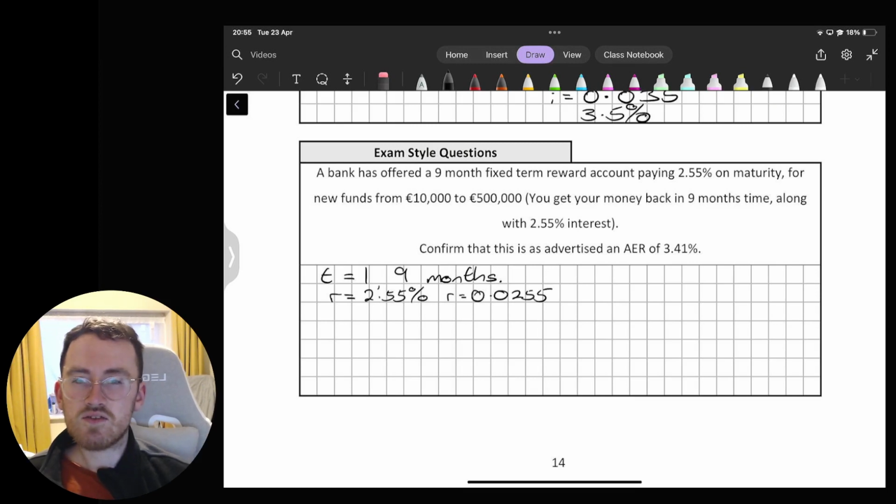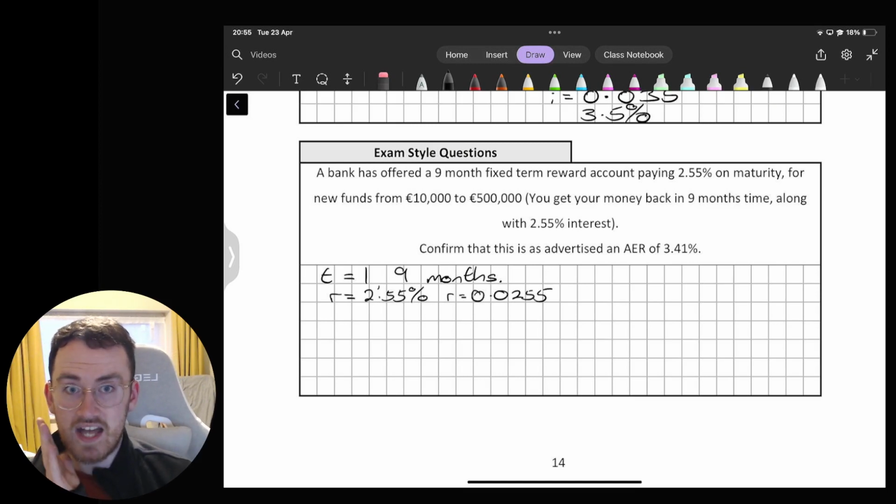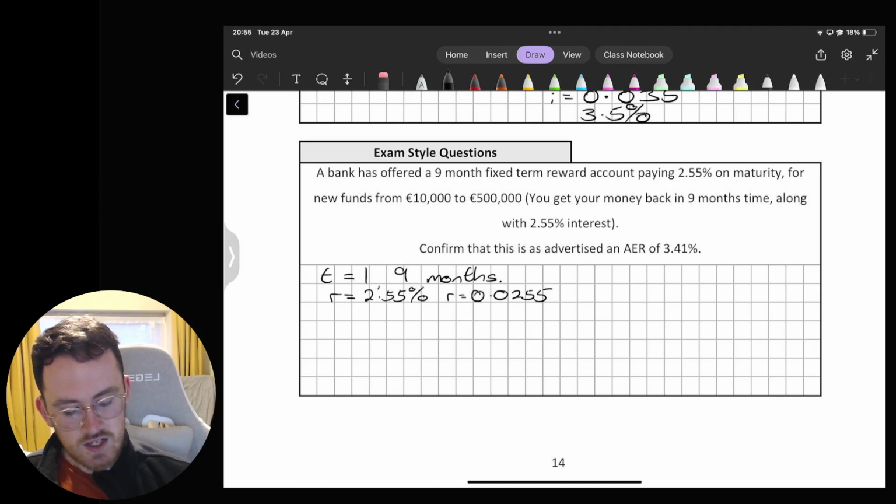Now we just need to really consider how we're going to match up the lengths of time here. So we need to rewrite this block in terms of a year. So we need to consider 9 months is what fraction of a year here. And how many of these blocks, I suppose, can I fit into a year?